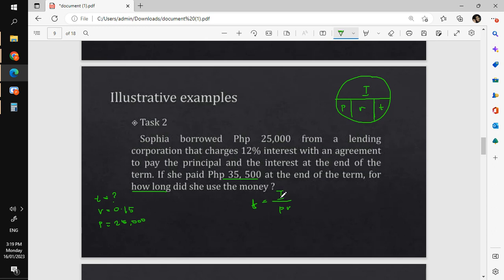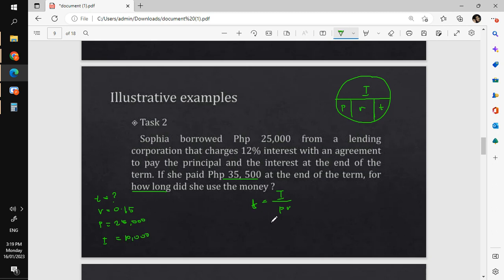And we need to look for the value of the interest since it is needed in the formula. To compute for the interest, you will be analyzing the question. You borrowed 25,000 pesos, and then you have paid 35,500. So 35,500 minus 25,000 gives us 10,000 as the interest.